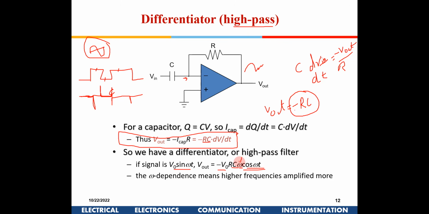So for high omegas, if omega is equal to 0, then the output will become 0. If omega is high, then this is going to give a high gain. So obviously for small signals, this will become a DC blocking. So this is also a high pass filter. Is it okay? Why it's a high pass filter?